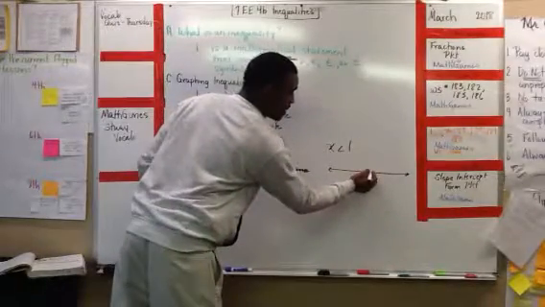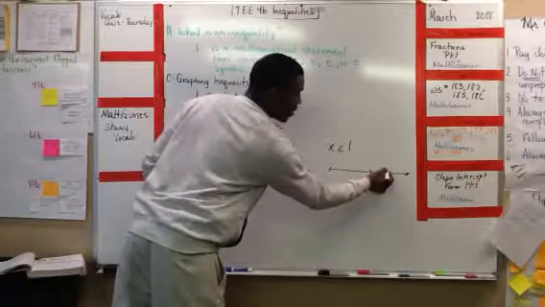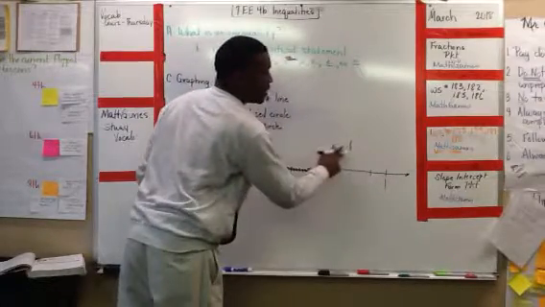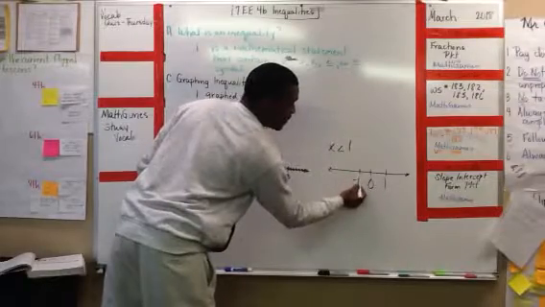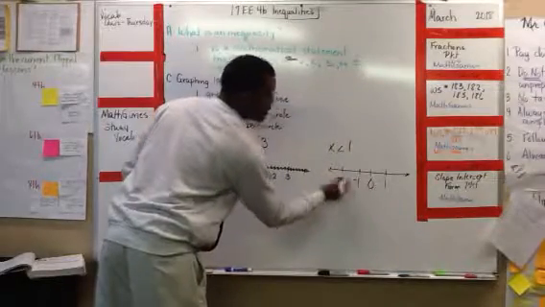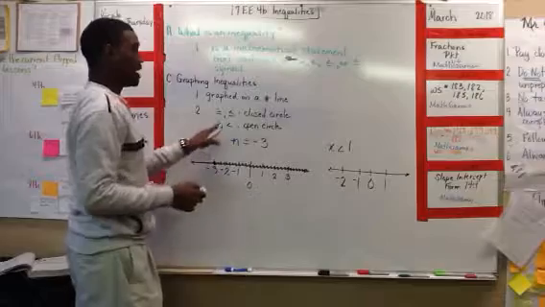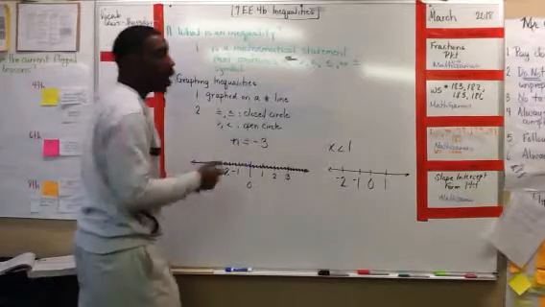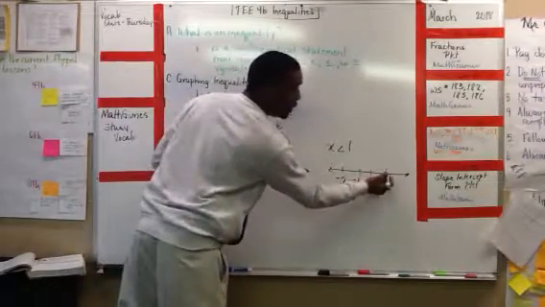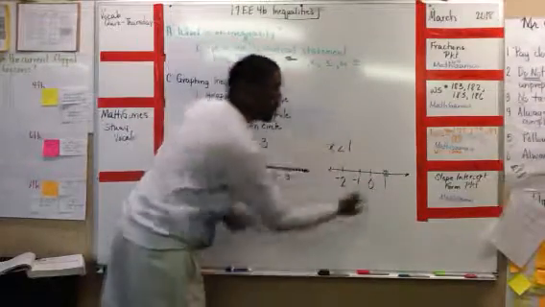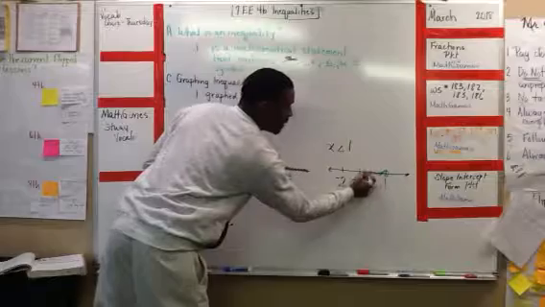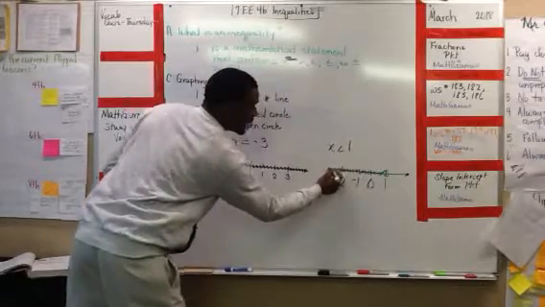So that means 1 can start over here on the right because my solutions are going to be less than 1. So I'll be traveling left. Since it's a less than symbol, I put an open circle on 1. Don't close it. And my solutions have to be smaller than 1, so I need to travel to the left. You should remember this from 6th grade.